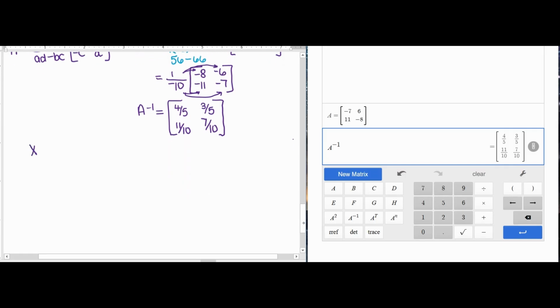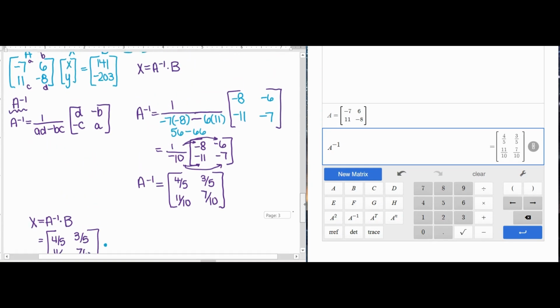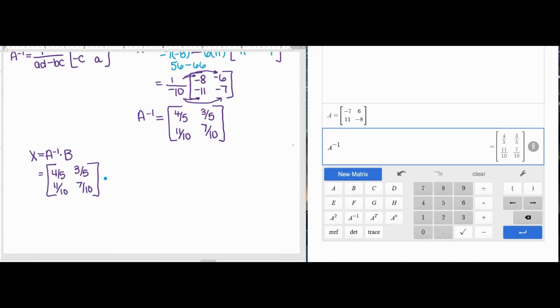From here, we know that X is equal to A inverse times B. So we're going to take A inverse, which was 4/5, 3/5, 11/10, 7/10, in that order, times B, which was our constant matrix of 141, -203.